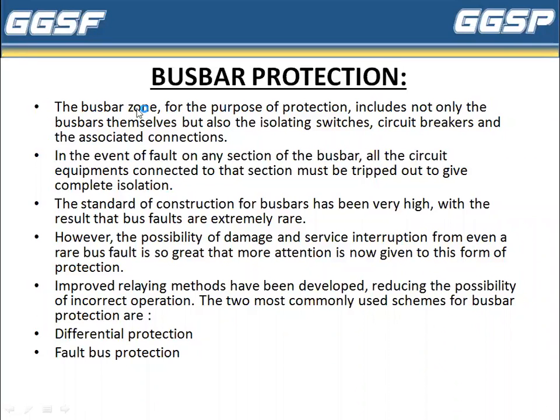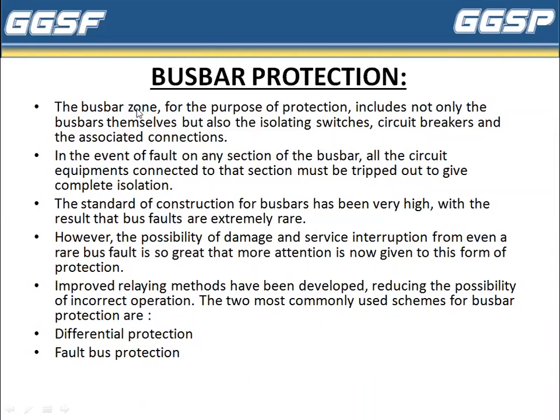Busbar protection. In this slide, the busbar zone for the purpose of protection includes not only the busbars themselves, but also the isolating switches as well as circuit breakers and the associated connection. In the event of fault on any section of the busbar, all the circuit equipments connected to that section must be tripped out to give complete isolation.